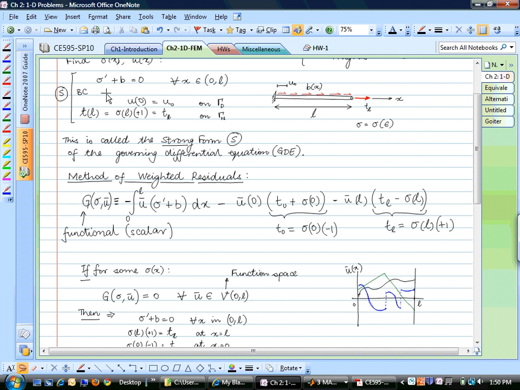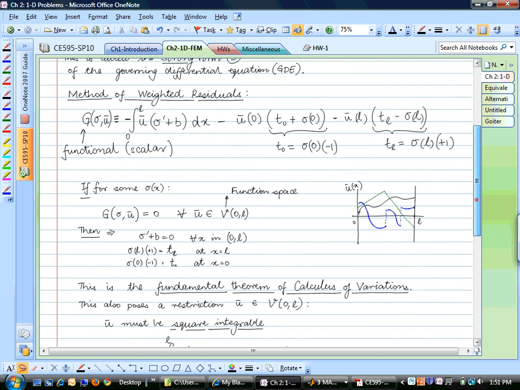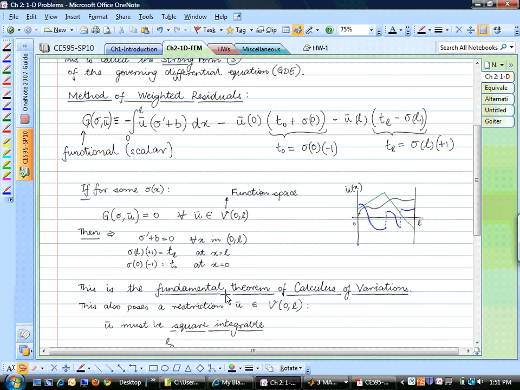All I did was take this residual. If this is not equal to 0, it is called a residual. We took the governing differential equation, multiplied it with some function, and said that if we can show that for all u bar this is 0, then our differential equation is satisfied. And this is pretty much the fundamental theorem of calculus of variations.